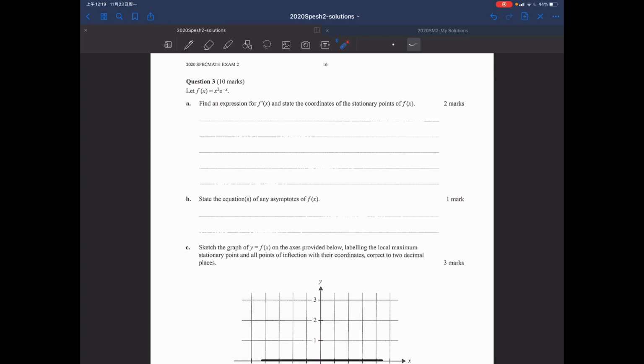Let's look at question 3. From the beginning, we've been given a specific function f of x, which is this guy here. And the very first part, we want to find an expression for f dash of x and state the coordinates of the stationary points of f of x.